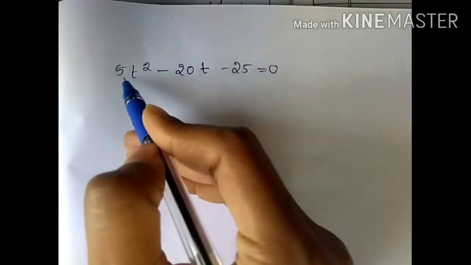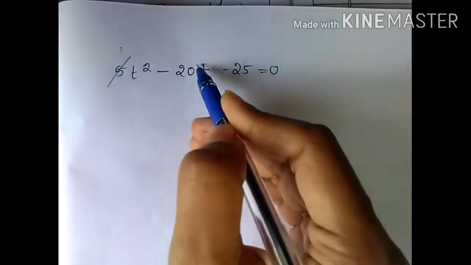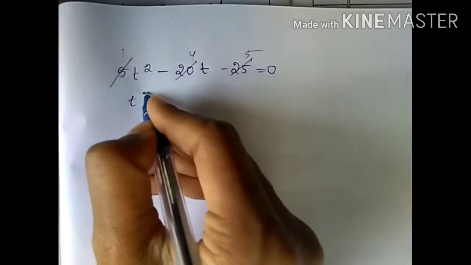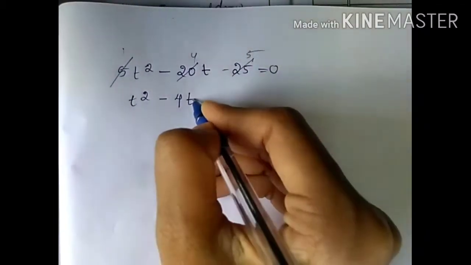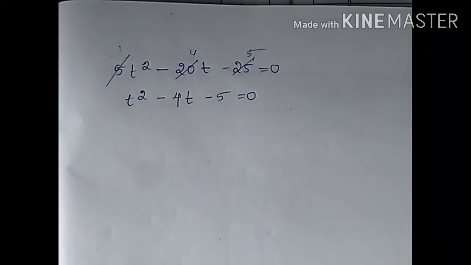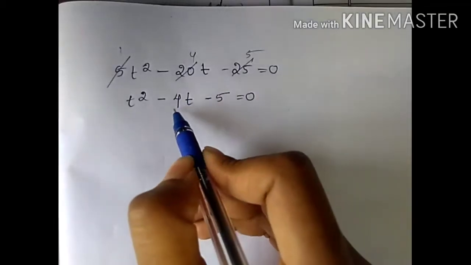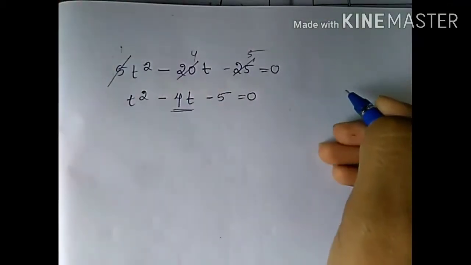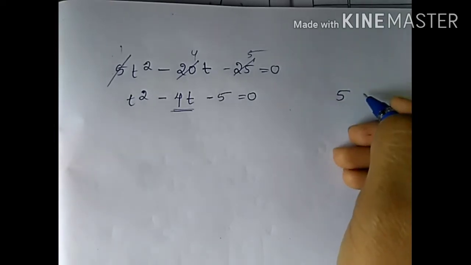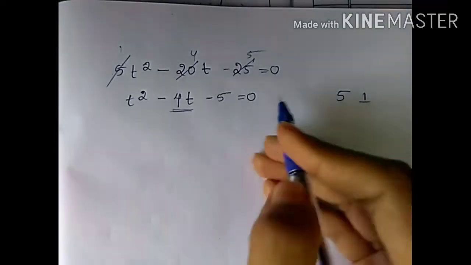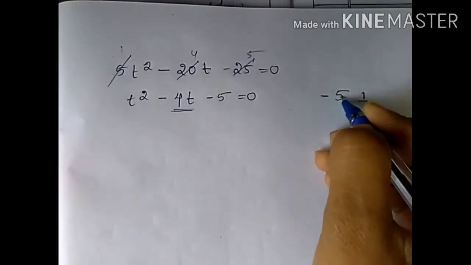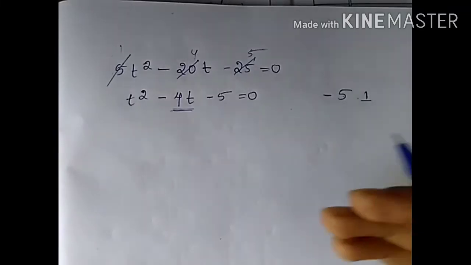If you divide this equation by 5, you get t square minus 4t minus 5 equals 0. Again a quadratic equation, so the product is minus 5. Writing factors, minus 5 plus 1 gives minus 4.